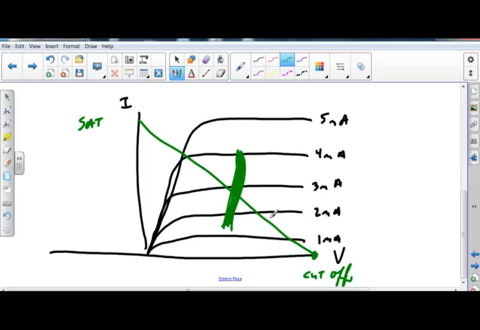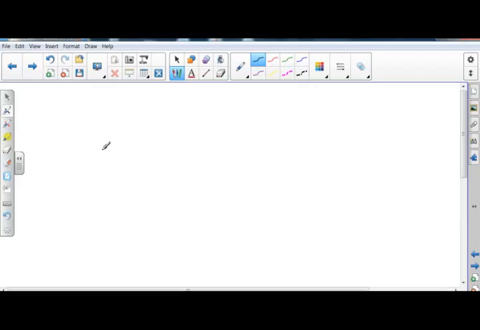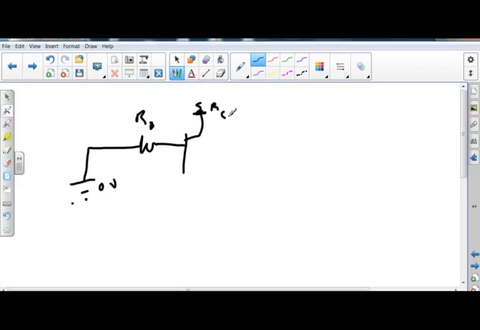Okay, so I'm going to look at the guy on page 46. And I'm going to have zero, I'm going to ground over here. This is 0 volts. So I got a ground. I got some resistor, base resistor going on. And I got some collector resistor going on. I've got plus 5 volts.